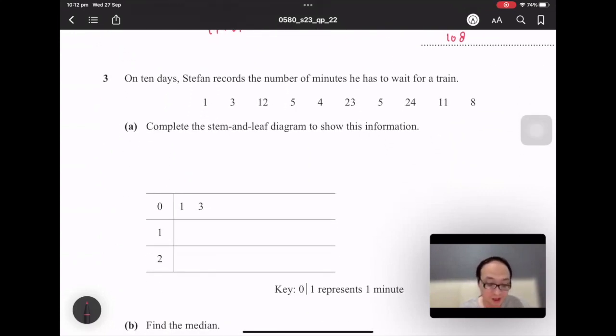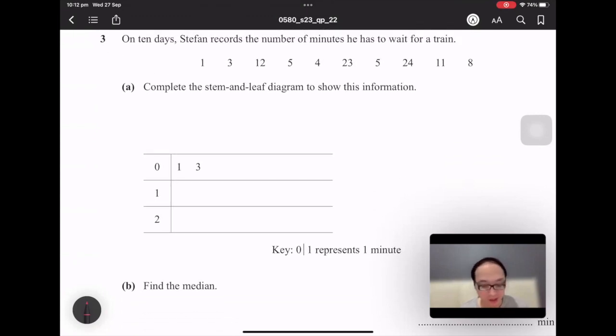On 10 days, Stephen records the number of minutes he has to wait for a train. Complete the stem and leaf diagram to show this information. We can see the key 0|1 means 1 minute.